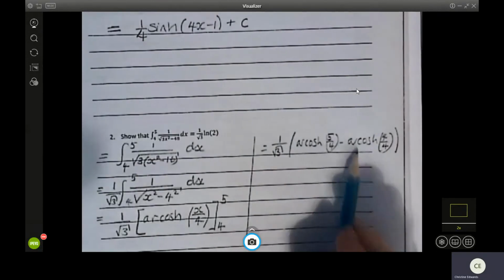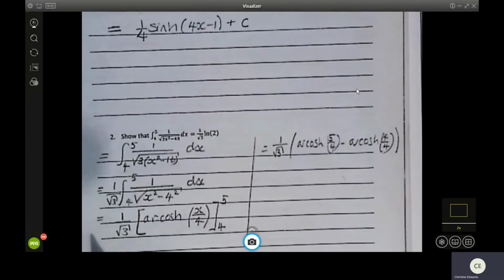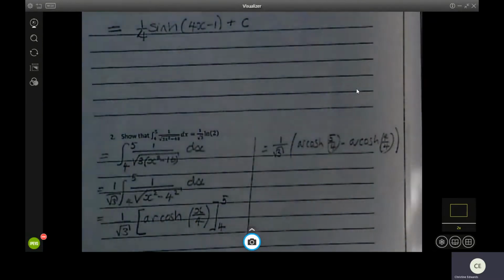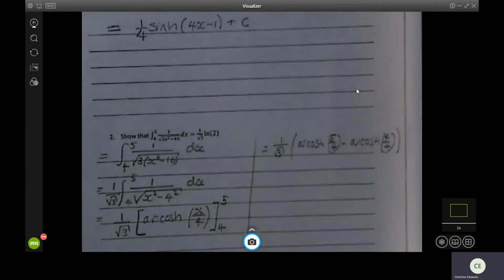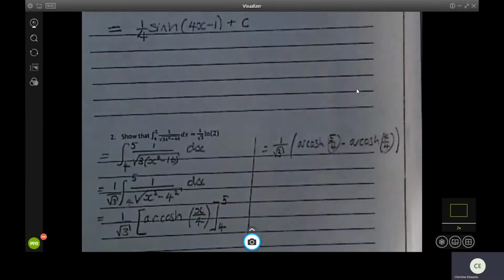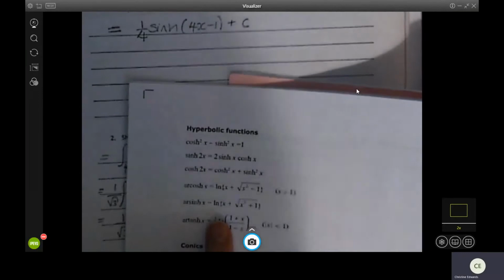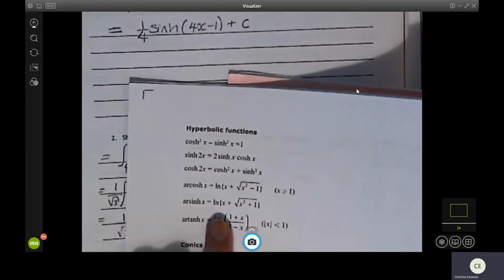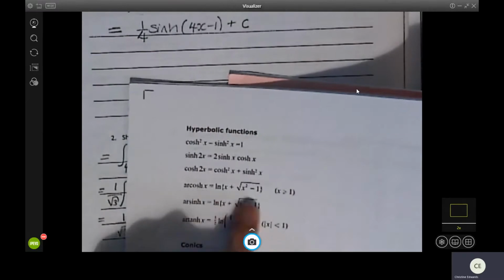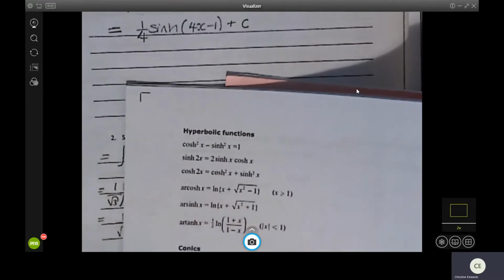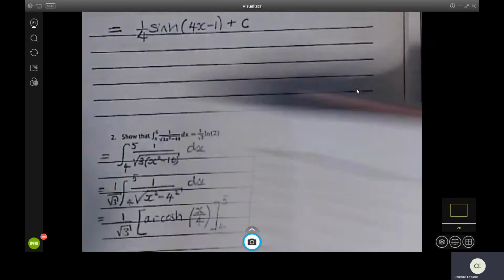We have two inverse hyperbolics. I have rules in my formula book for inverse hyperbolics, where they are defined in terms of logs, something we were practicing earlier in the chapter on hyperbolics. So I'm now going to apply this formula here to come up with the final solution.